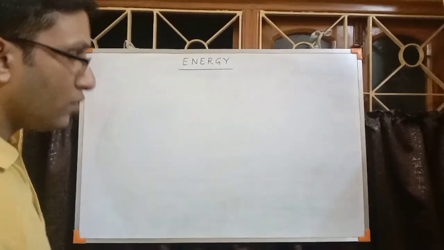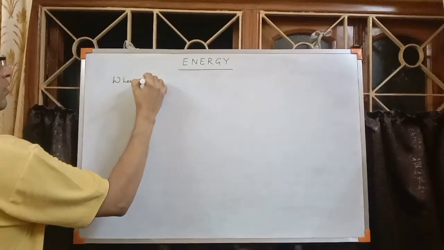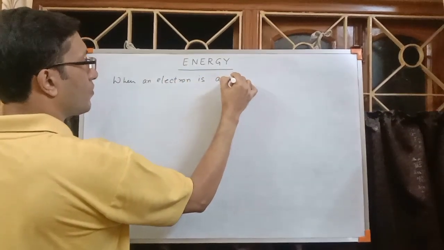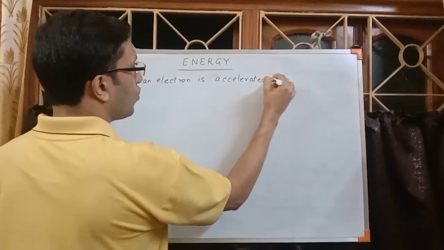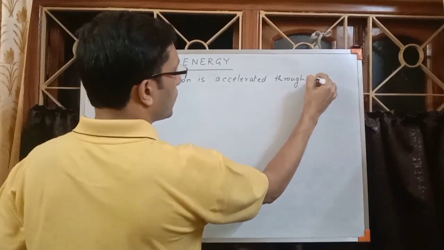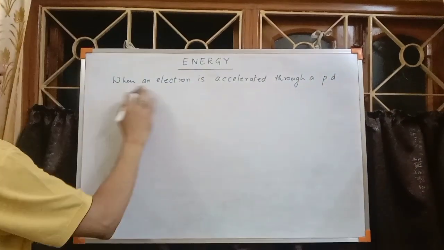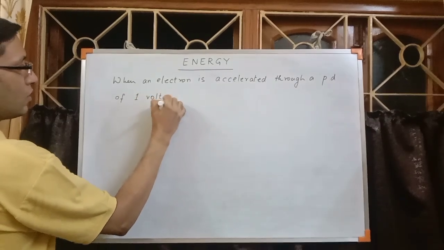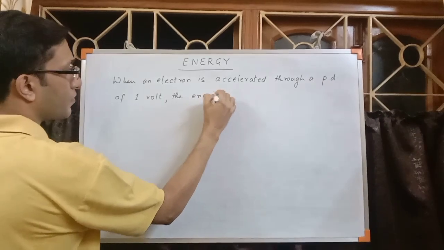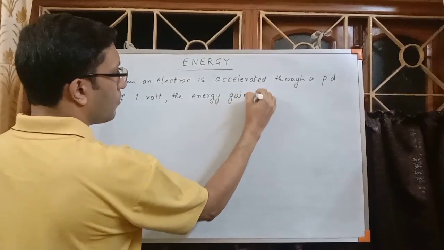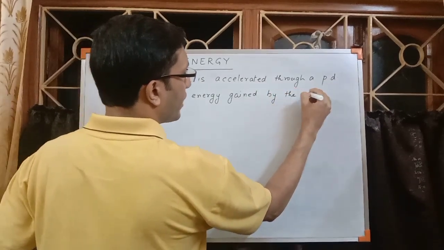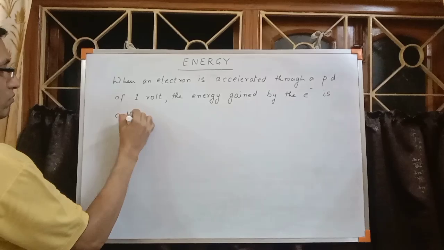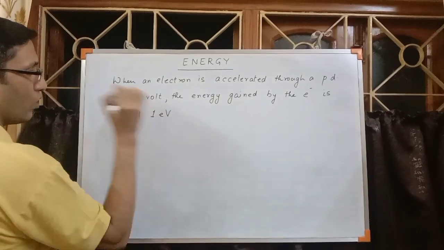So when an electron is accelerated through a potential difference, I'm writing in short PD, potential difference, of 1 volt, the energy gained by the electron, which I am writing in short as E negative, is called 1 electron volt, right?